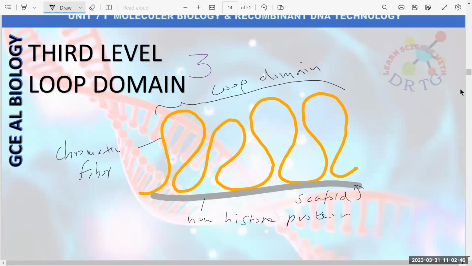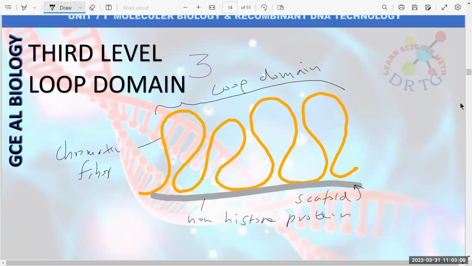Now this loop domain moves into the last and fourth level. At the last and fourth level, what is going to happen? This loop domain is again going to coil.